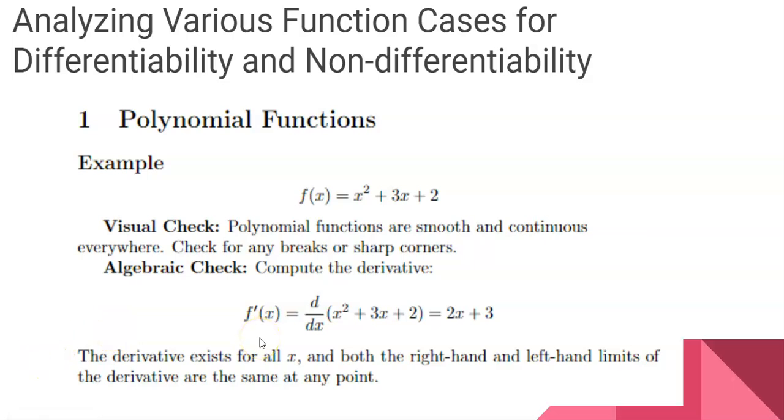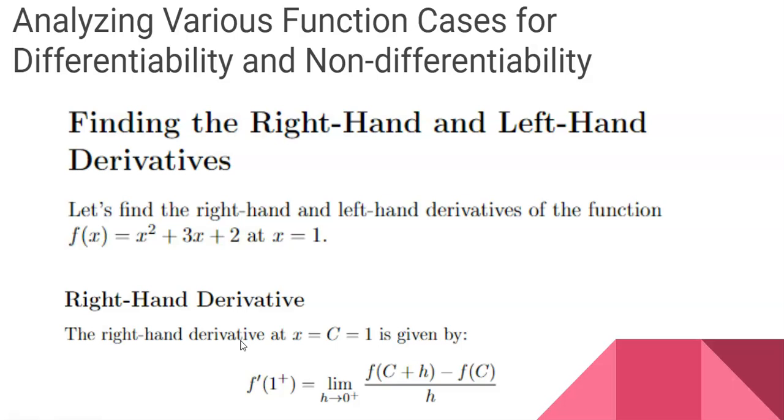And using the limit definition, we can say that the derivative exists for all x when both the right hand and the left hand limits of the derivative are equal, meaning the right hand derivative and the left hand derivative are equal. Let's begin the algebra fun.